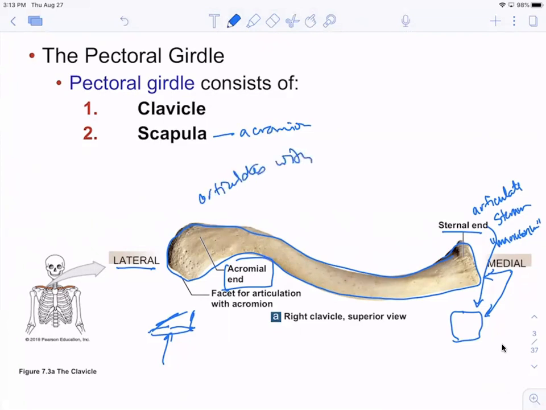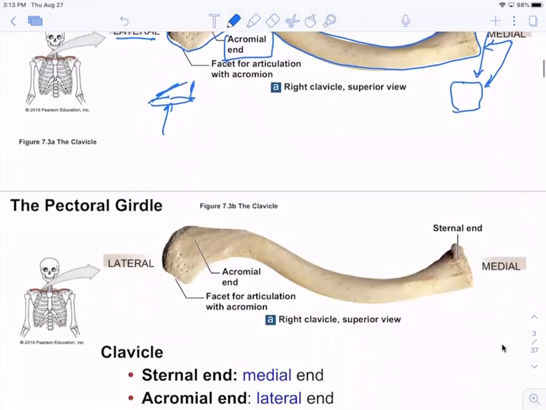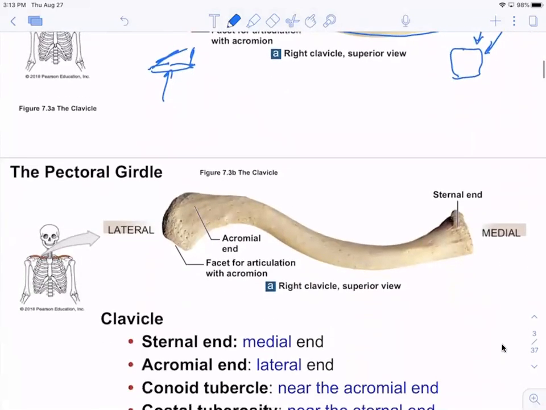The acromial end articulates with the acromion of the scapula. So they do look different. The acromial end is kind of flat, and the sternal end is a little more round or chunky looking.